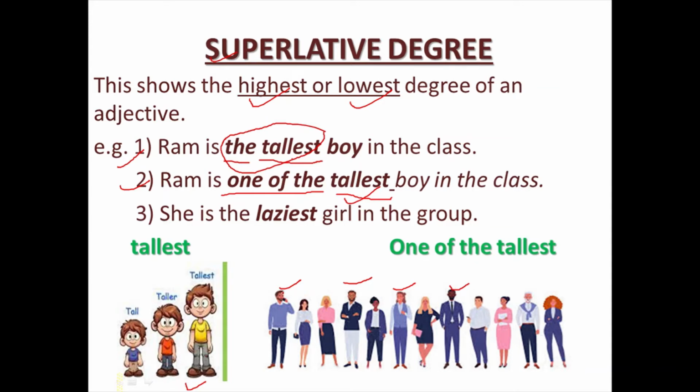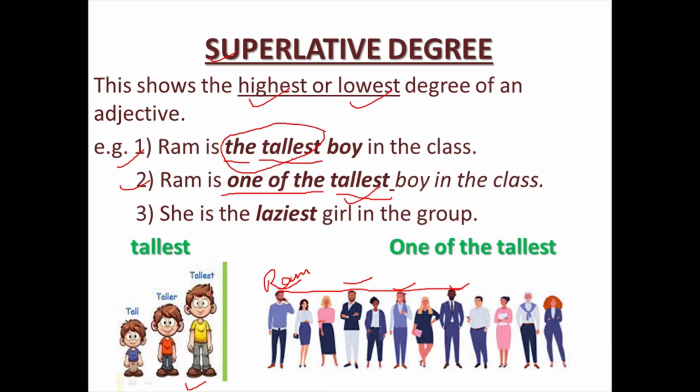Suppose we call this person Ram. We will say that Ram is one of the tallest boys out of them all, meaning four are tallest.